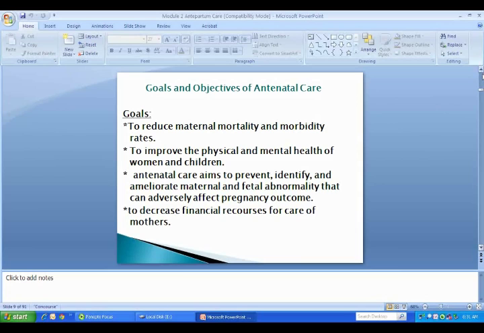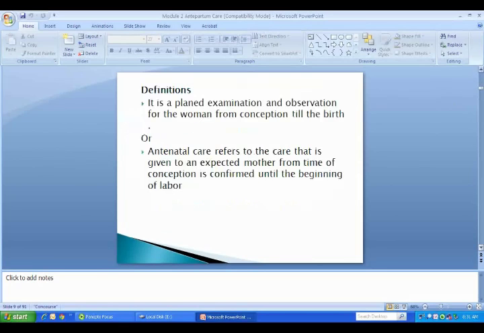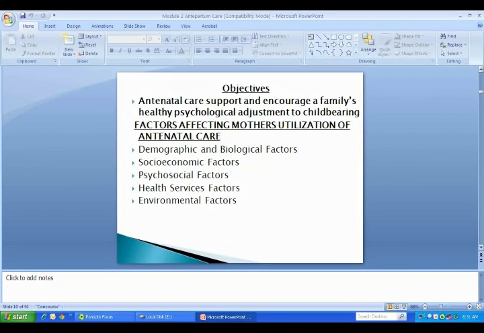Well, we do prenatal care for the point of reducing maternal mortality and morbidity rates, improve physical and mental health of women and children, identify any potential adverse pregnancy outcomes, and to decrease financial resources for care to mothers, which is basically saying prevention is the best.